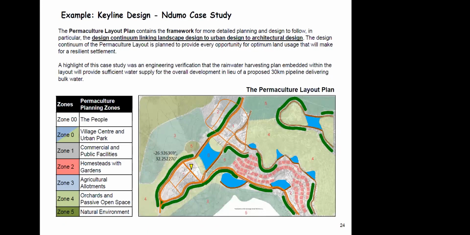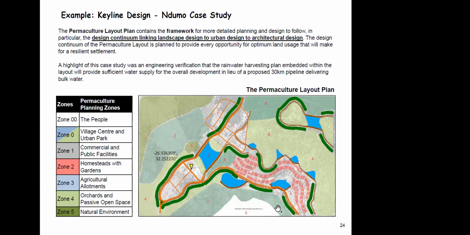And then with that framework, we then drape over the permaculture zones. And before we know it, here's a whole town plan layout where we've got zone 0 being the central lake with a park on each side. And then zone 1 is the commercial and public facilities. Zone 2 along here would be your public housing.